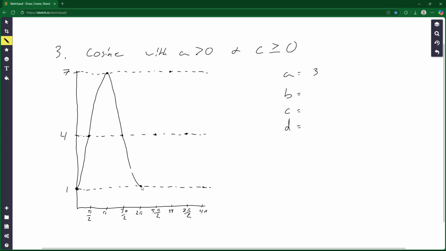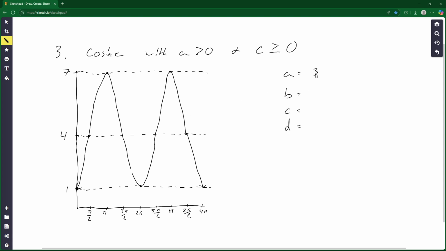I have to be a little slower here because my hands are really shaky on this drawing pad. Yeah, that'll do. And then of course there's going to be arrows here and here.